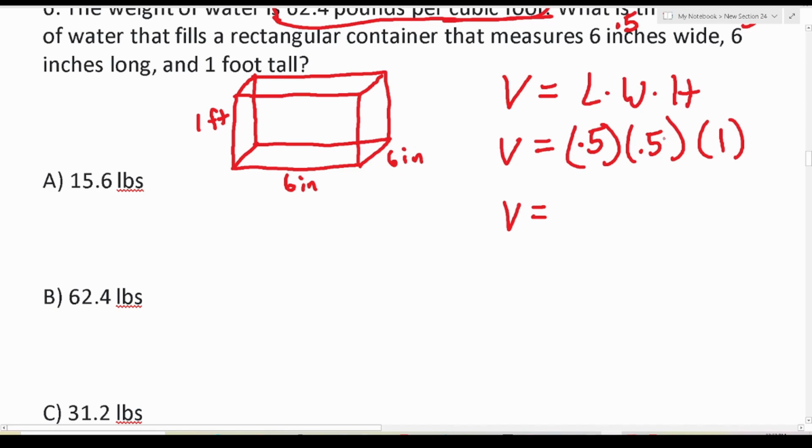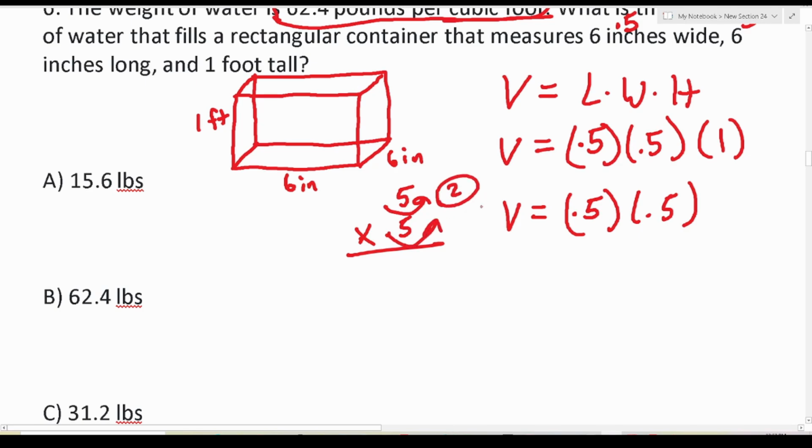Anything times 1 is itself, so 0.5 times 1 is just 0.5. So this is 0.5 times 0.5. And I'm going to do that off to the side in case you can't do it in your head. This is 0.5 times 0.5. We're multiplying 2 decimals, as you can see. So we're going to shift these 2 decimals, 1 here for a total of 2 times to the right.